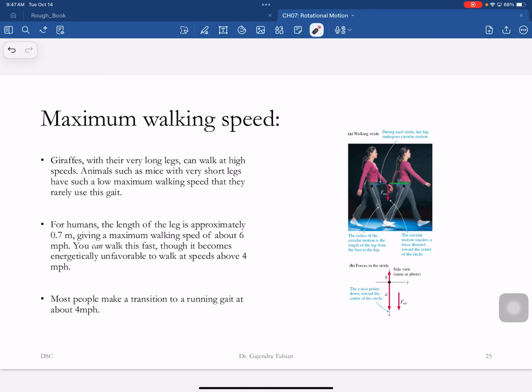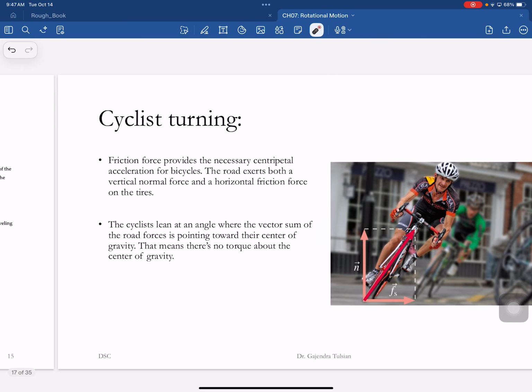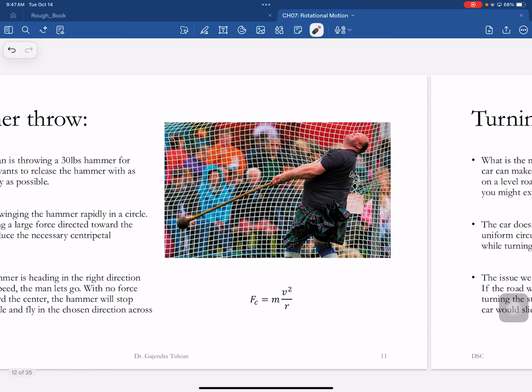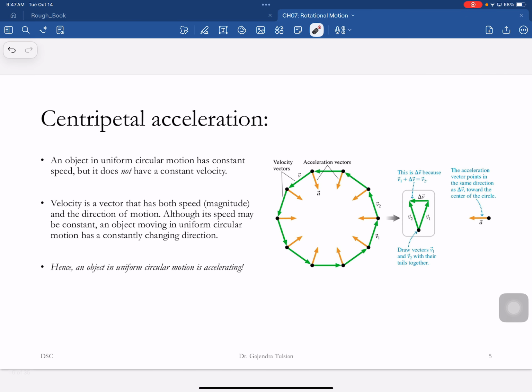Okay, it's 6 miles an hour, your walking speed, except that at 4 miles an hour, running becomes more efficient. So you switch from walking to running. And we'll talk about that. So your fastest walking speed is roughly about 6 miles per hour. I hope you guys understood all of that because that's what the chapter is about.